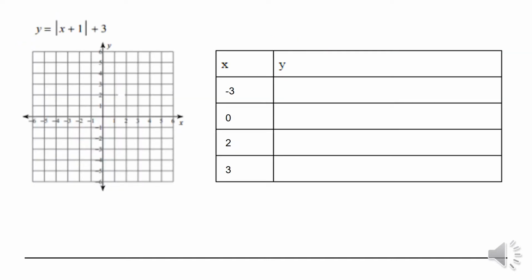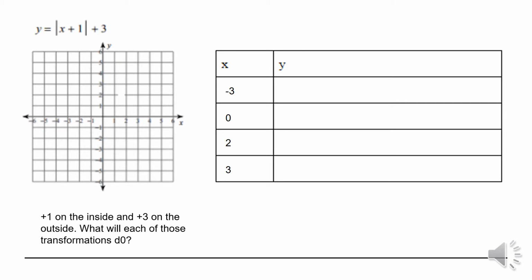The last example combines two transformations. So the +1 on the inside is going to move us left 1, and the +3 on the outside is going to move us up 3. When I plug in -3 into my equation, I get the absolute value of -3 plus 1, which is the absolute value of -2, which is 2, plus 3, which is 5.